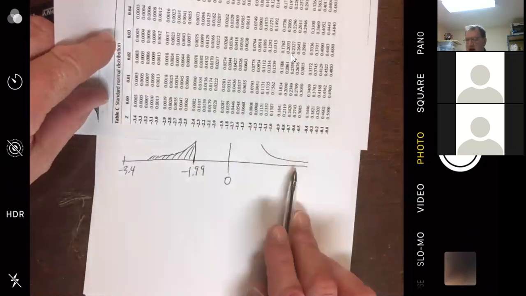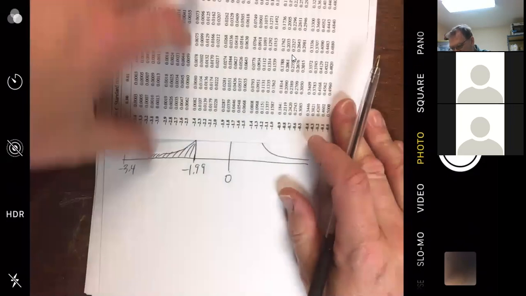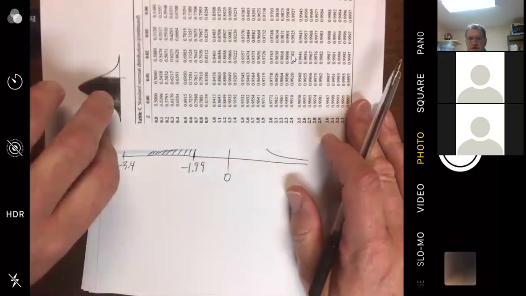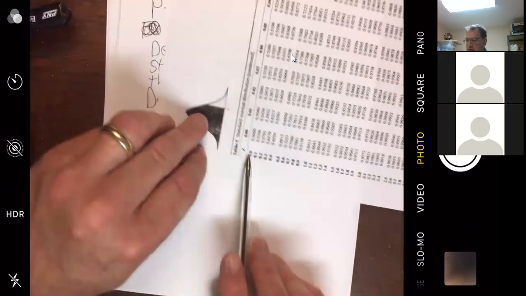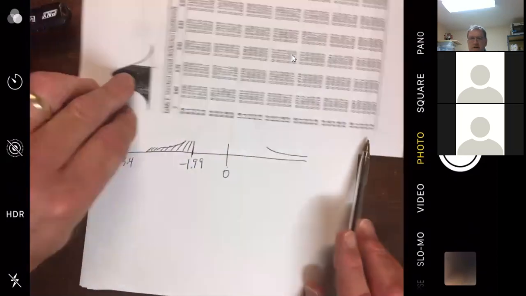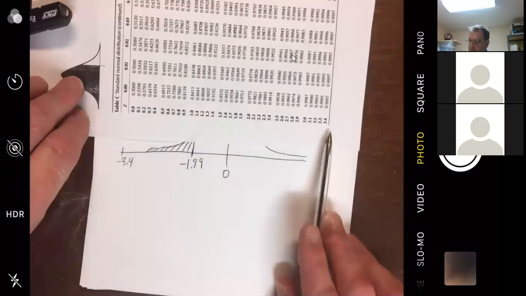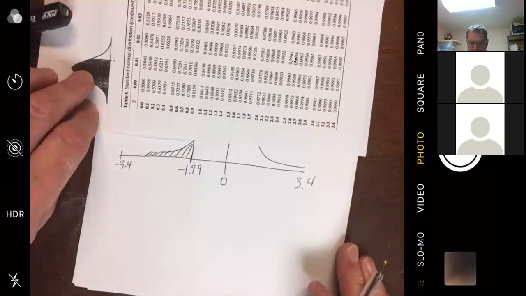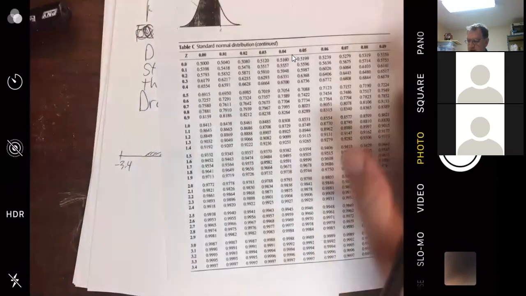Well, where's the other side? So glad you asked. It's on page 2. When you switch to page 2, this 0 is starting right here in the center, and you're going all the way to positive 3.4. It just looks vertical on the paper when you do this.